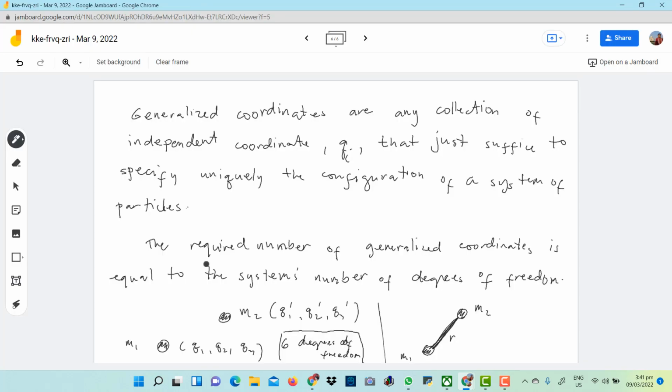Originally I have 6 degrees of freedom, but you put one equation of constraint, so therefore there are 5 degrees of freedom left in your system. Okay? So you just count the degrees of freedom minus the number of equations of constraints in your system, then you will get the degrees of freedom. And take note, our generalized coordinates is just equal to the number of degrees of freedom in your system. Okay?